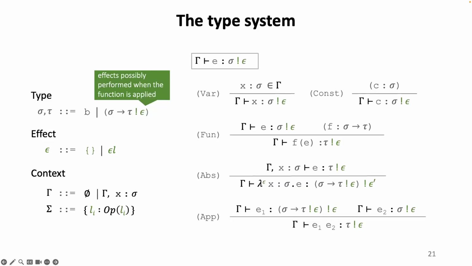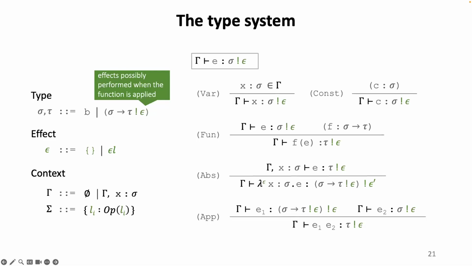The typing judgment is just like the typing judgment for any effect type system, where under the typing context gamma, this expression E has type sigma and might perform effects in epsilon. All the five rules on this slide are very standard typing rules for the lambda constructs in an effect type system.